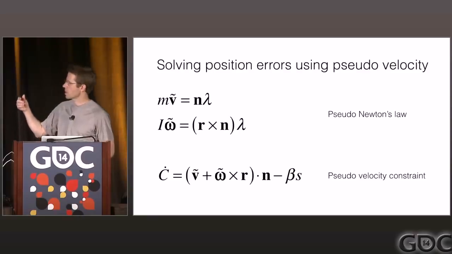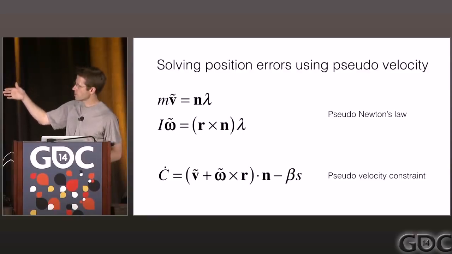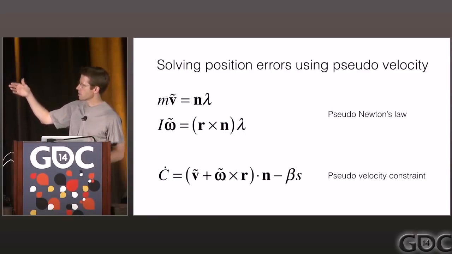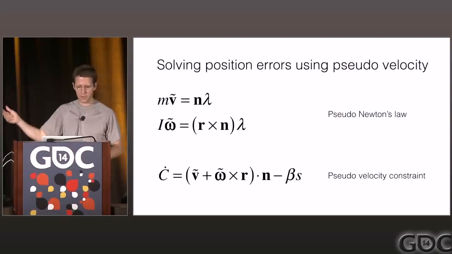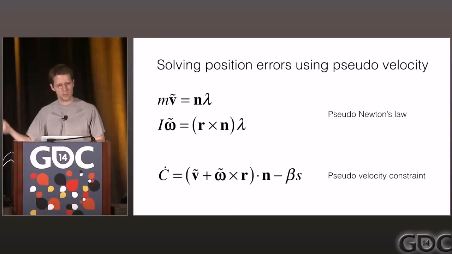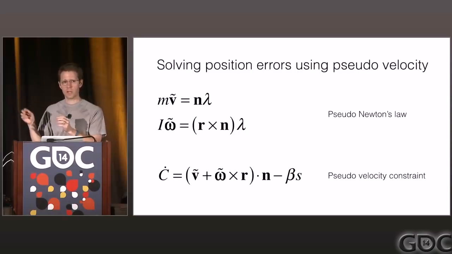I set up Newton's law using the pseudo velocity and pseudo impulses, and then I have a pseudo velocity constraint, and I use the same solution technique, but those pseudo velocities only exist for that one iteration, so they start out 0, so there's no concept of momentum.